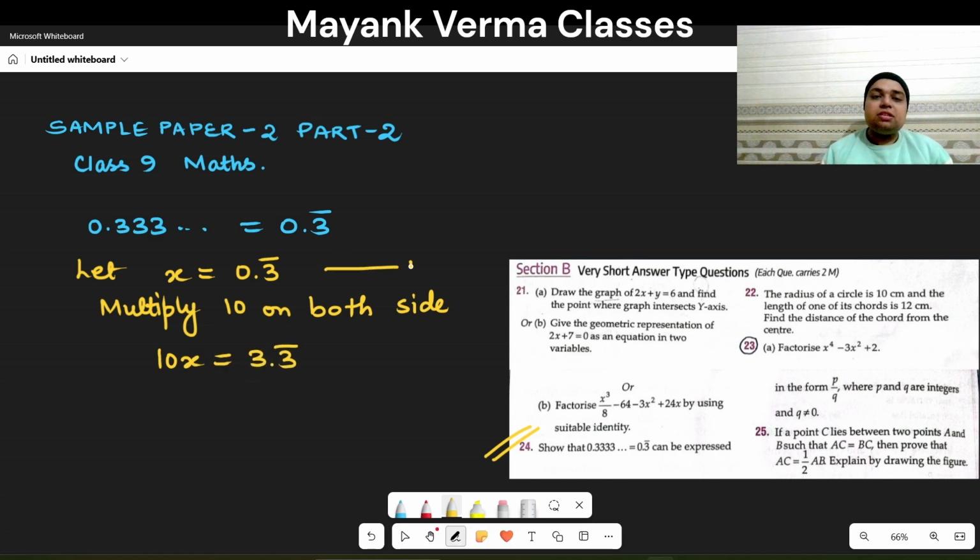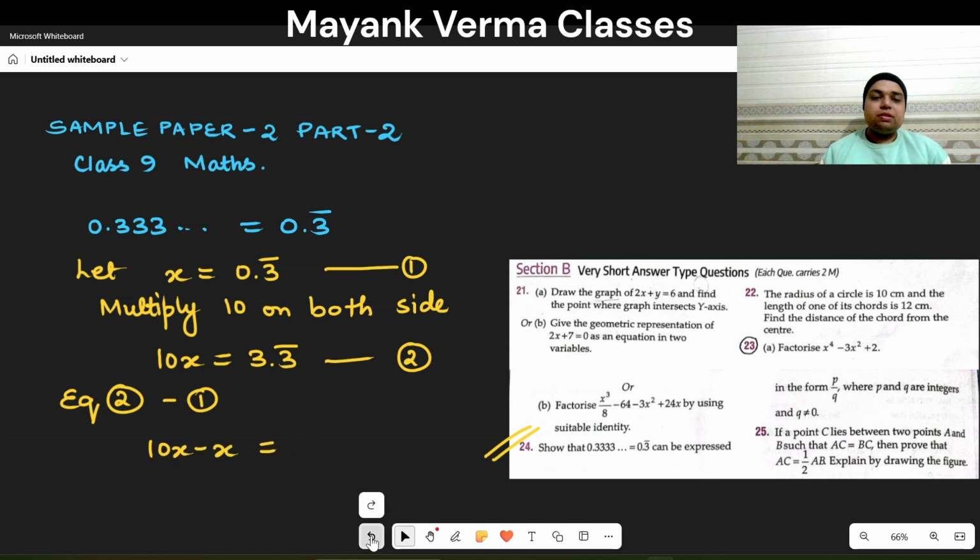Okay, so now this is equation 1 and this is equation 2. I will say equation 2 minus equation 1. I will get 10x minus x is equal to 3.3 bar minus 0.3 bar.